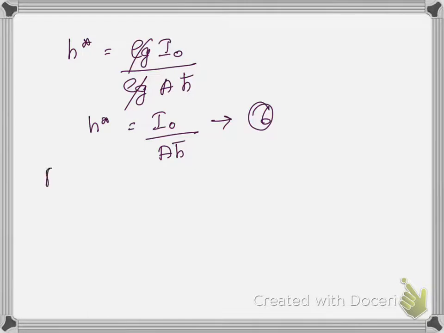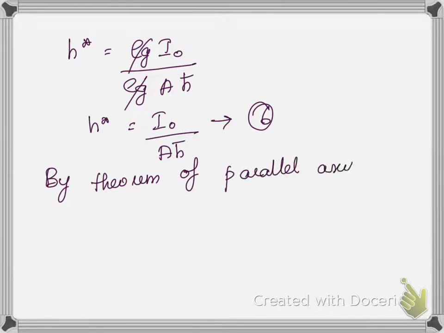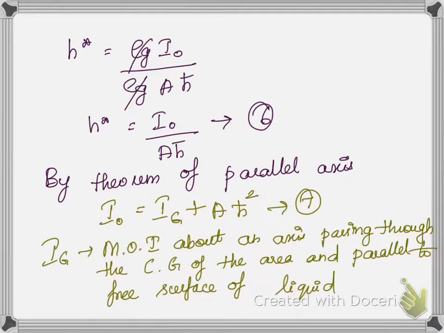Now by the theorem of parallel axis, I naught is equal to Ig plus A H bar square. I keep this as equation number 7. So I naught is equal to Ig plus A H bar square.